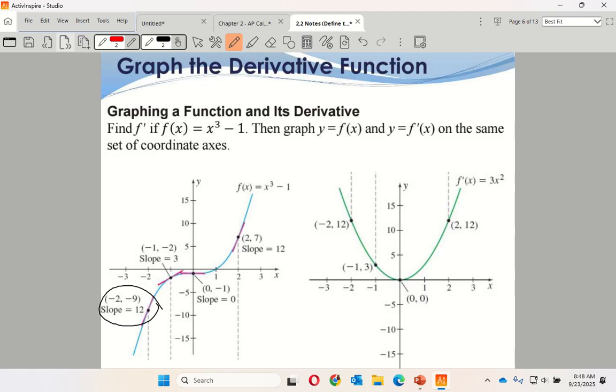So when x is -2, my graph of my derivative is (-2, 12). That right there is usually a problem a lot of people have when you're identifying. This is not y values, this is y prime values. So it's x values and y prime values.